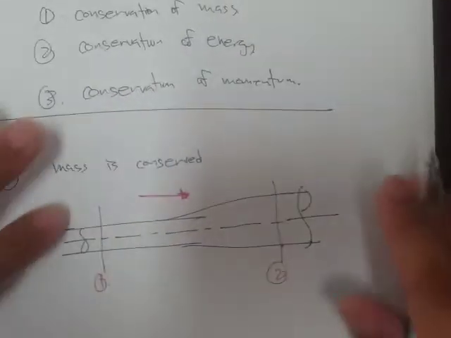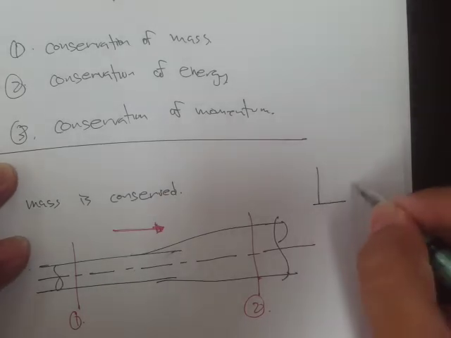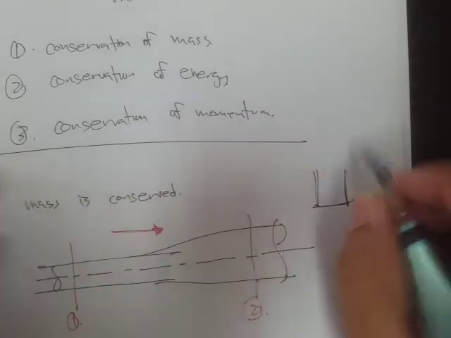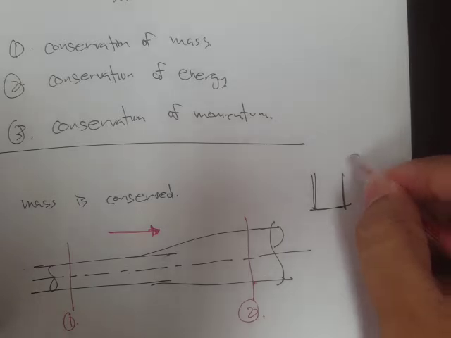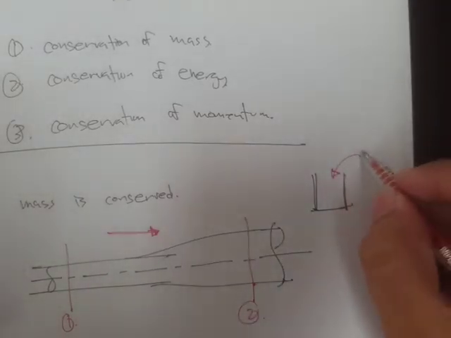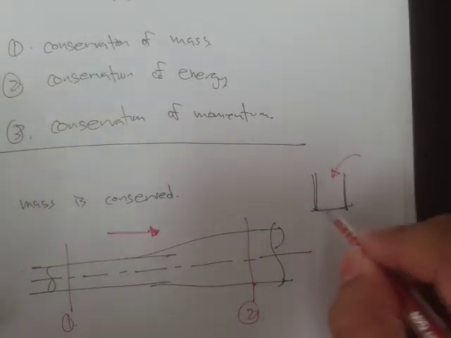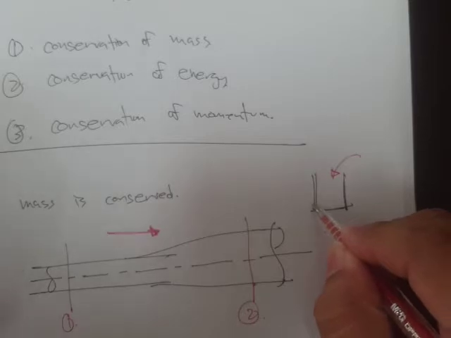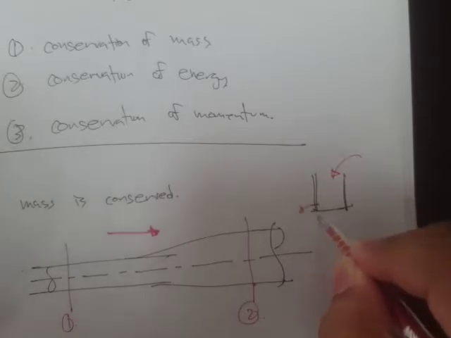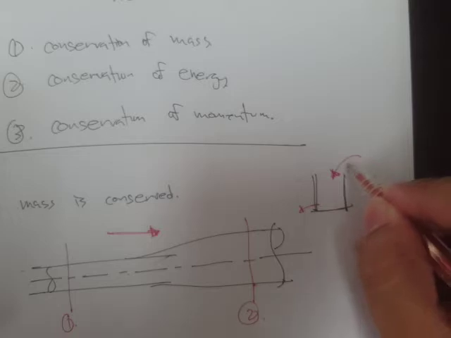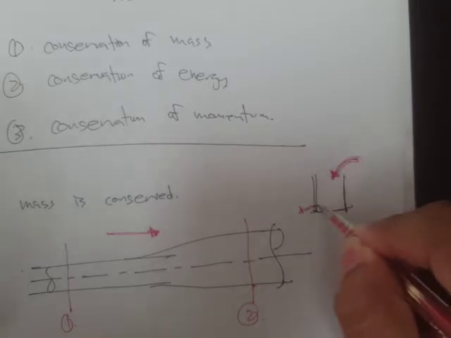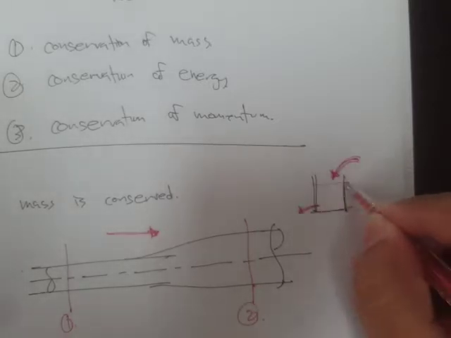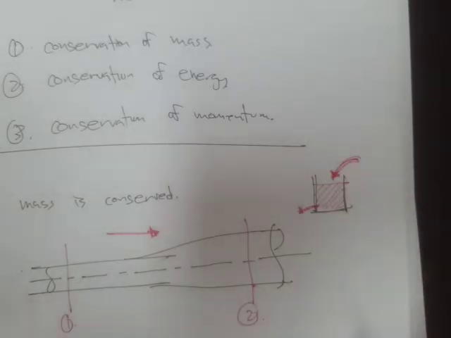If we draw it here, for example, we have a container and we input water, and we also have an exit right here, a tap, except that the input is greater than the output, then of course we will have an accumulation.